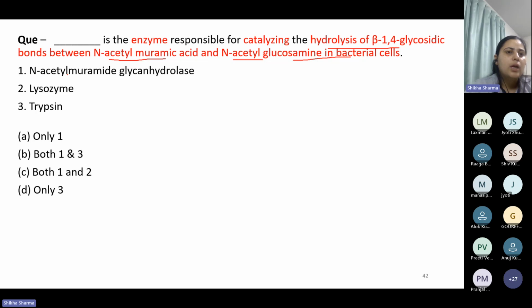Option A is N-acetyl muramide glycan hydrolase. Second is lysozyme, and third is trypsin. So only the first one is correct, first and two, or only three.